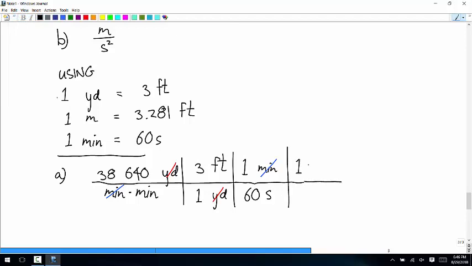So 1 minute over 60 seconds, that cancels the other one. And so now you can go through, pick out the units that are left. We have feet over seconds times seconds. So now we finally have the units that we want.